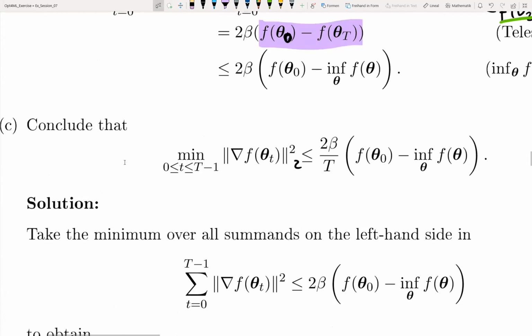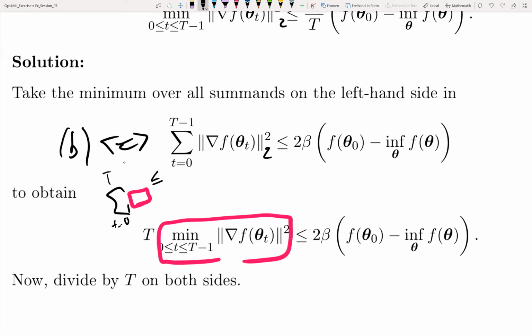And this is smaller than or equal to the minimum we have here. And this minimum is then not depending on the iteration number. It's one fixed value, which we can write in front of the sum. Then we are summing up capital T times the same value, or a 1 more or less, and you get immediately this here.